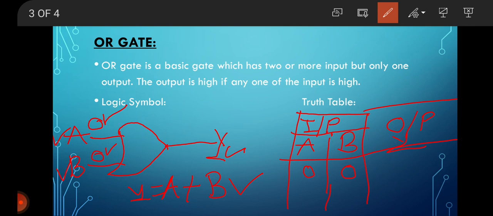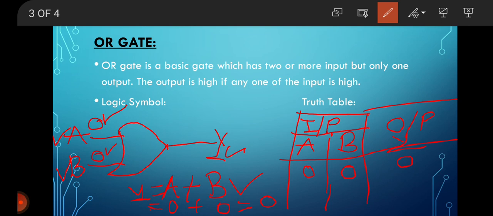So when we apply 0, 0 to the inputs, we put A is 0 plus B is 0, therefore we get 0. The output is 0, that means the gate is off, that is low.